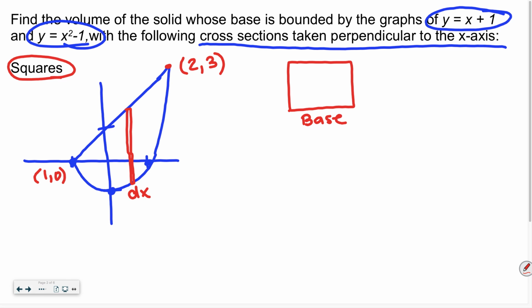Well, how long is the base of our square? Well, if our rectangle is right here, we know that its length is this function minus this function. So our base is x plus 1 minus the quantity x squared minus 1. So we have top function minus bottom function.